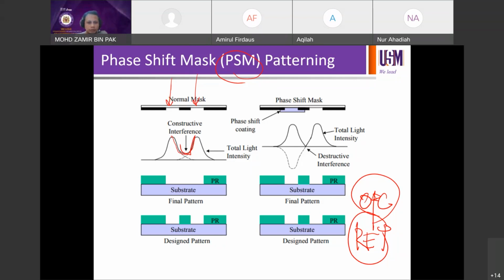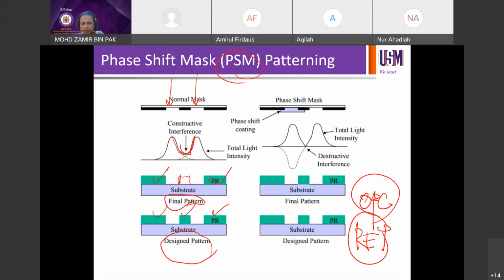So as a result, if your design pattern on the reticle is something like this, you're supposed to print this, this, and this as well. But when you develop, you end up with the final pattern where you get this, but you miss the one in the center, because the features cannot be resolved, they are just too small.